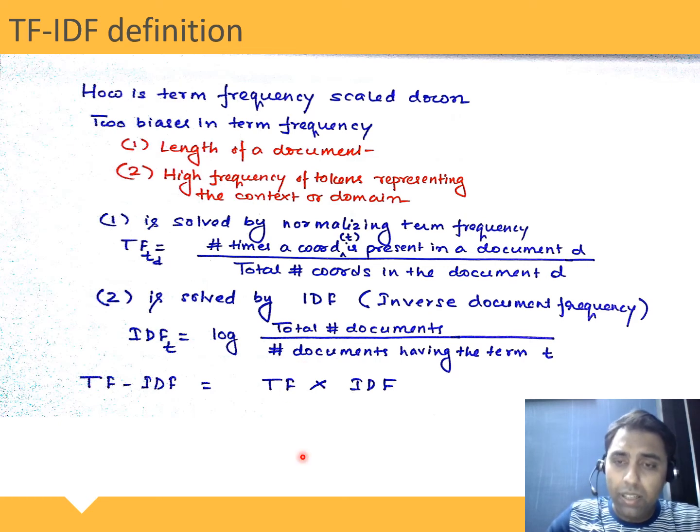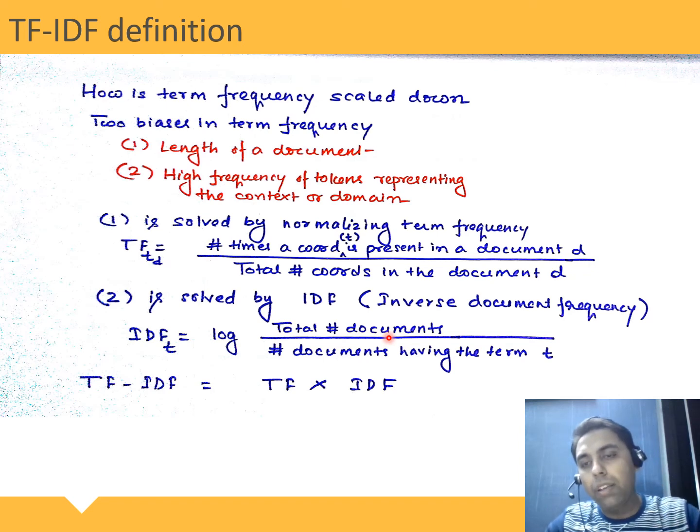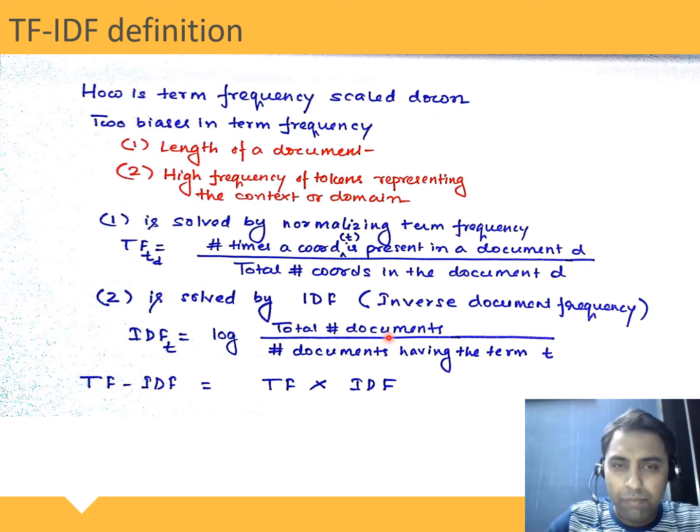On the other hand, if you have a term which is very rare, let's say present in only a few documents from the entire collection, then the proportion of documents where that term is present will be very small, and the reciprocal will be a large quantity, because we are taking 1 by a very small fraction. The log of that will also be large, because log is a monotonic function.